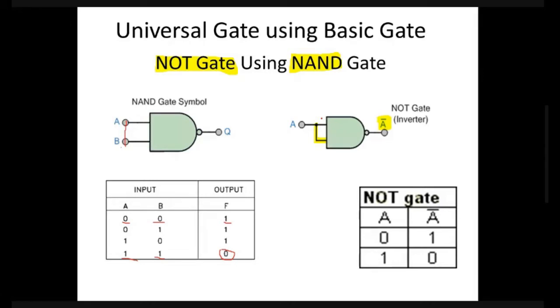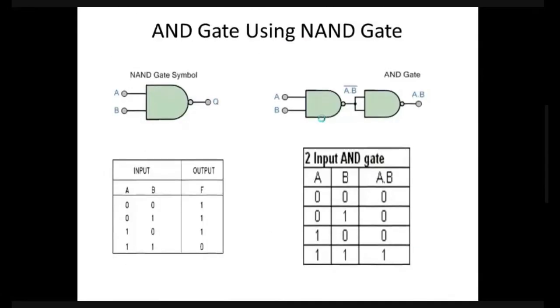Then we move forward to the next. We are implementing the AND gate, but using the NAND gate. Here is a NAND gate. We know the NAND truth table. Then we design the circuit such that we take the output of the AND gate.